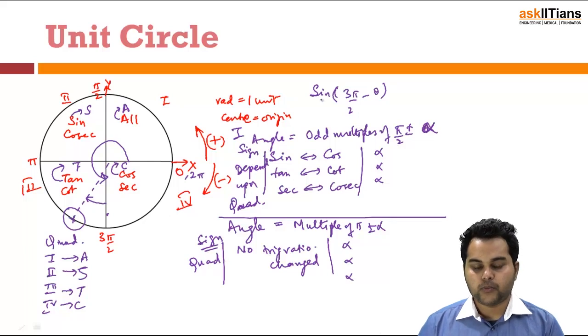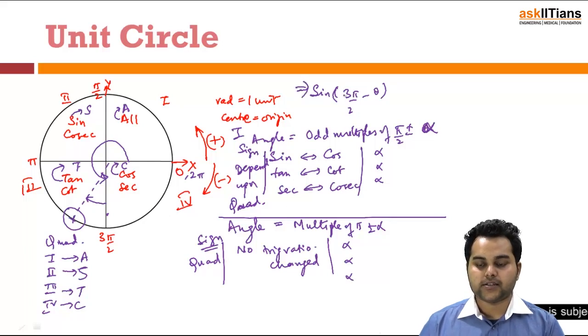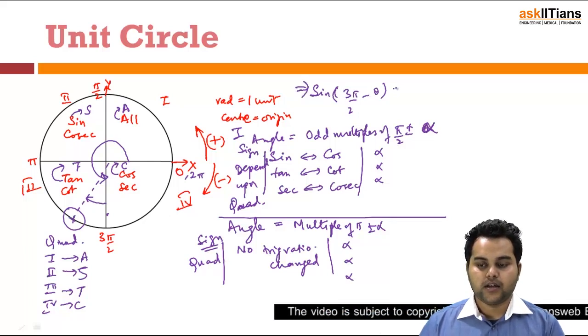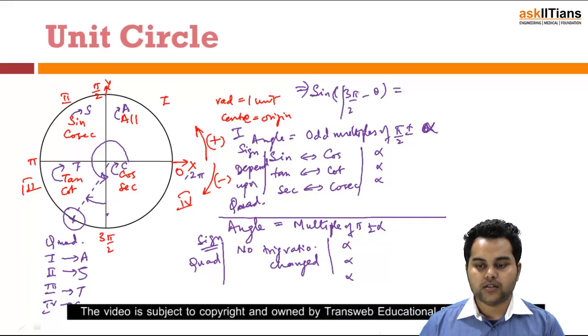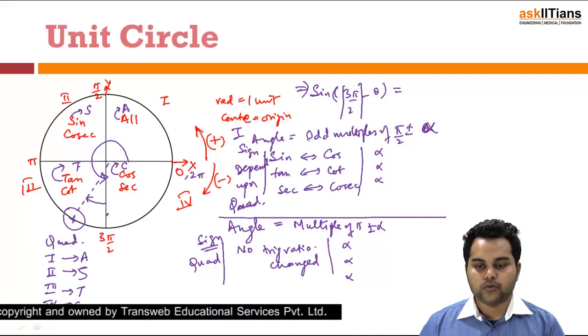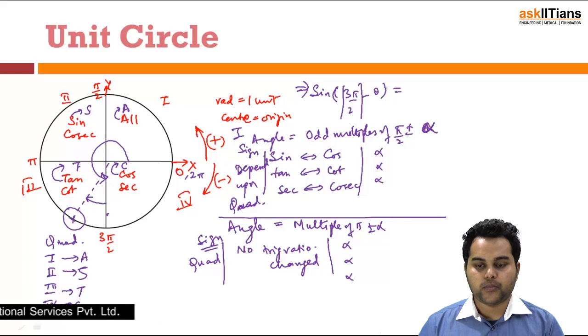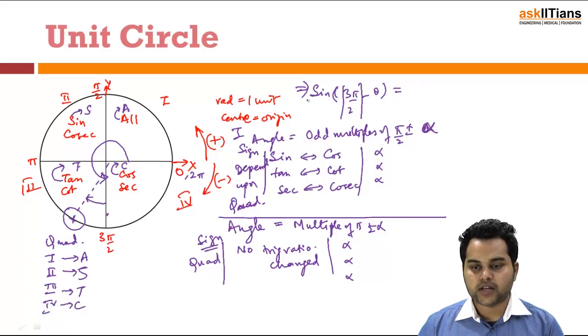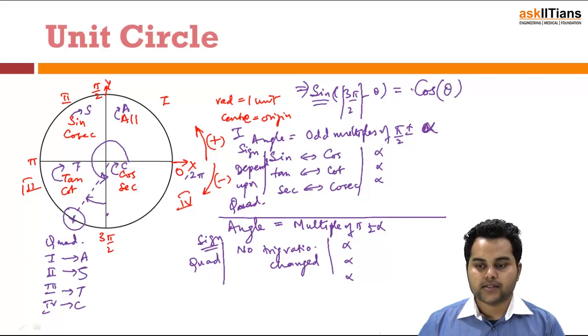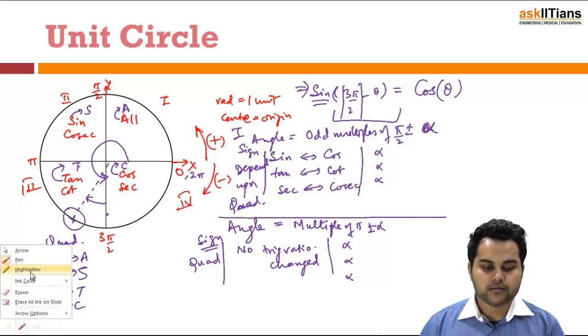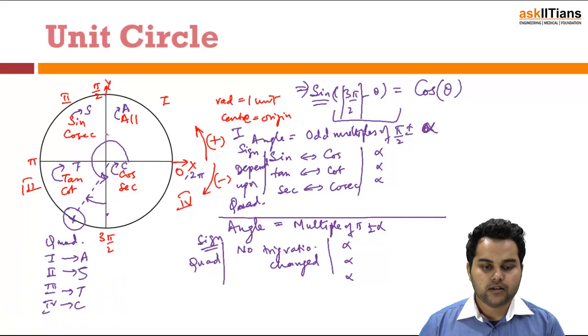I'll give you an example. I was working on sine of 3 pi by 2 minus theta. Now 3 pi by 2 is an odd multiple of pi by 2. So I will apply the first rule, that will give me sine changed to cos, and the angle would be theta, and for the sign, 3 pi by 2 minus theta would be lying in the third quadrant itself.